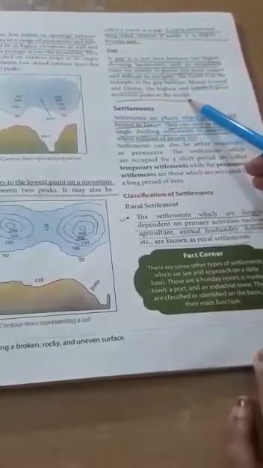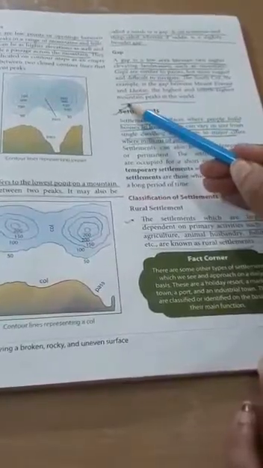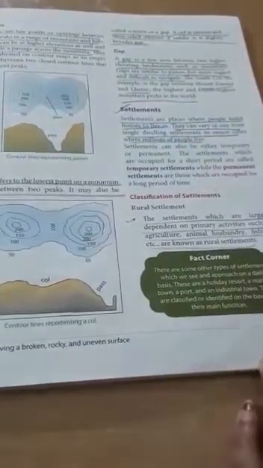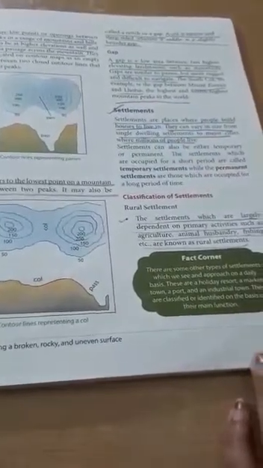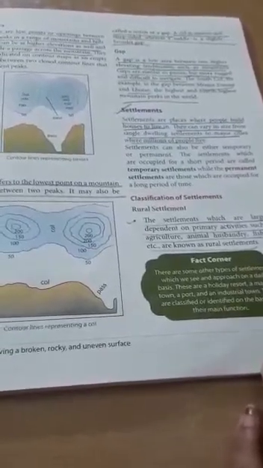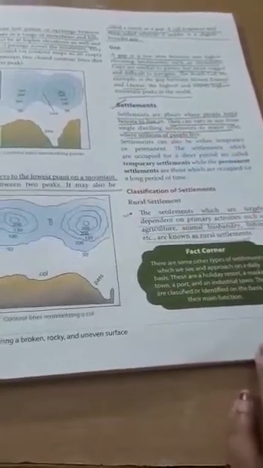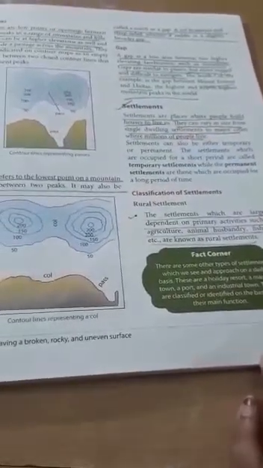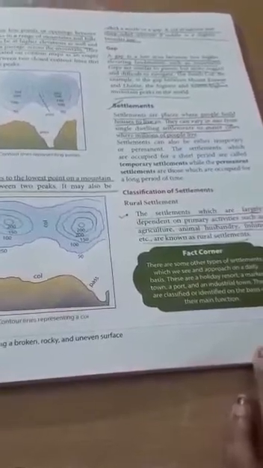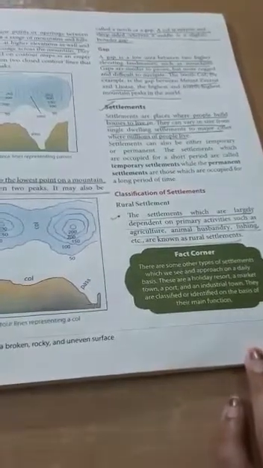Our next topic of explanation is the settlements. Now, what is the meaning of this term settlement? Settlements are places where people build houses to live in. And you know, the types of houses vary in size from single dwelling settlements to major cities where millions of people live.